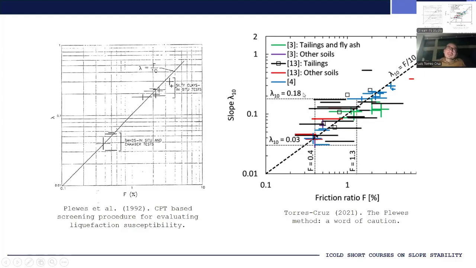Well, it depends. What is the total range of values of lambda that non-plastic soils can have? Let's say in the case of tailings, what sort of values of lambda can we expect to see? What values are credible? As a lower bound, just to simplify things, we can say that lambda can be as low as 0.